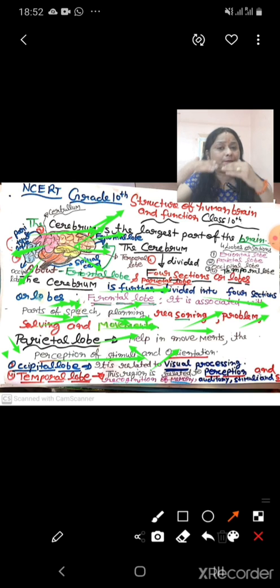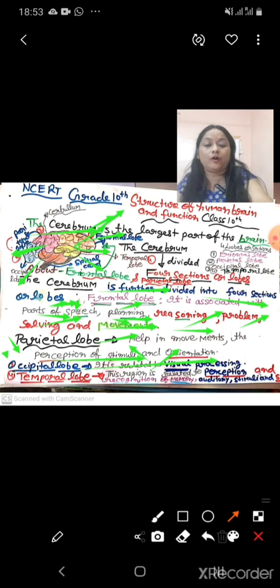Keep in mind that the occipital lobe is the visual processing area of the human brain, including determination of distance and depth perception, color determination, object and face recognition, and memory formation.